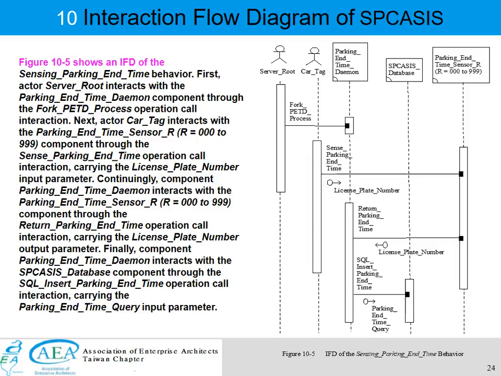The second interaction is the parking end time sensor getting the license plate number input data from the car tag actor. Then after that, the sensor component will output the license plate number to the daemon component. The fourth interaction is this daemon component inputting the parking end time query data into the database.